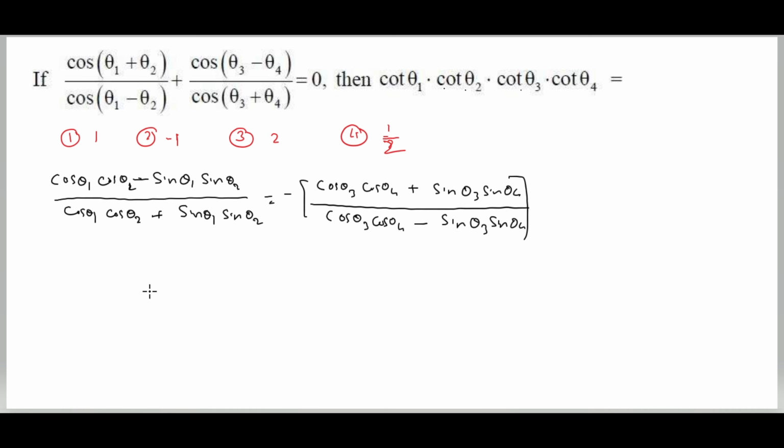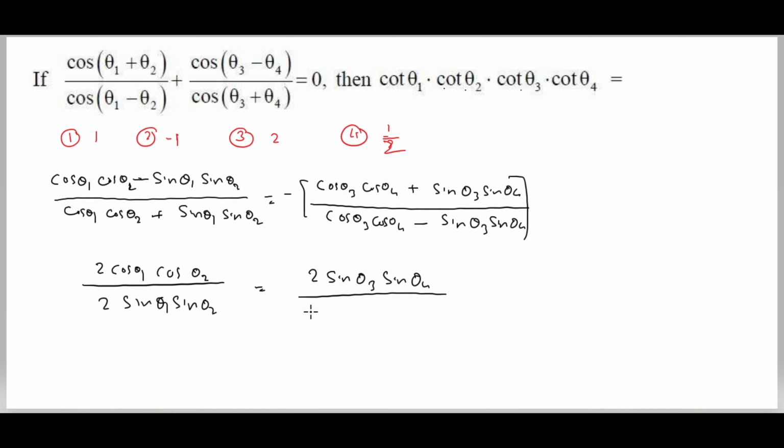Applying componendo dividendo, we get 2 cos theta 1 cos theta 2 by 2 sin theta 1 sin theta 2 is equal to 2 sin theta 3 sin theta 4 by 2 cos theta 3 cos theta 4. Here the 2 is cancelled, here the 2 is cancelled.